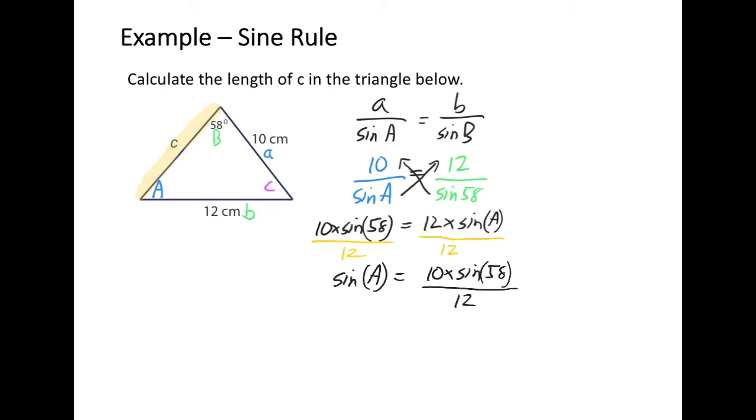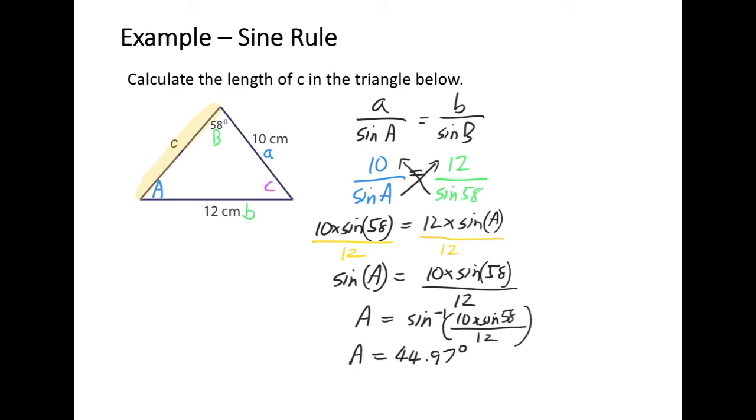So to find my missing angle A value, I can use the inverse of sine. So angle A is going to equal to the inverse of sine, and then 10 times sine 58 divided by 12. Then putting that into the calculator to find the missing A value of 44.97 degrees.